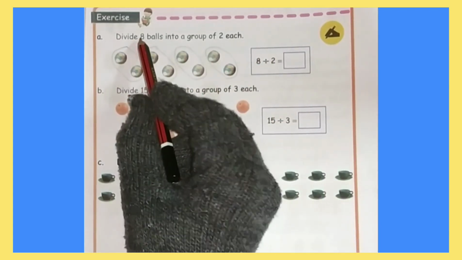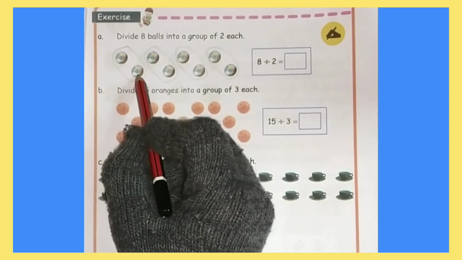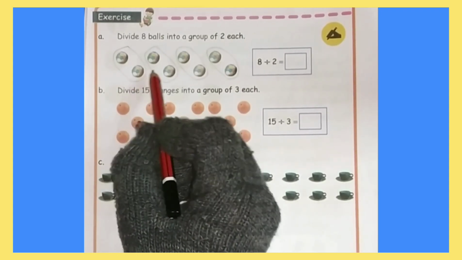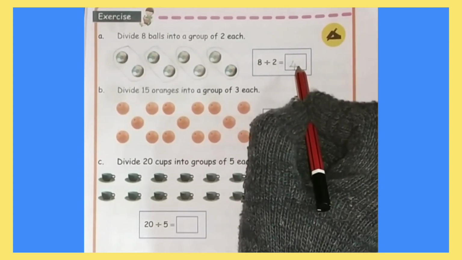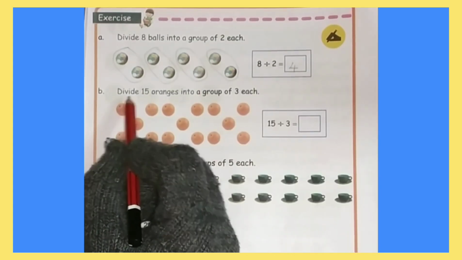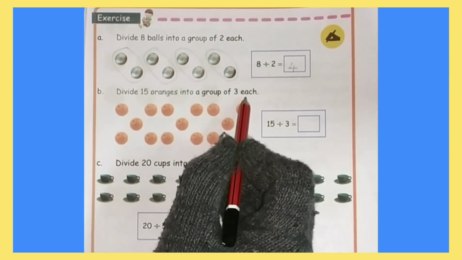So, 8 divided by 2 equal to, how many groups are here? Yes, 1, 2, 3, 4. 4.